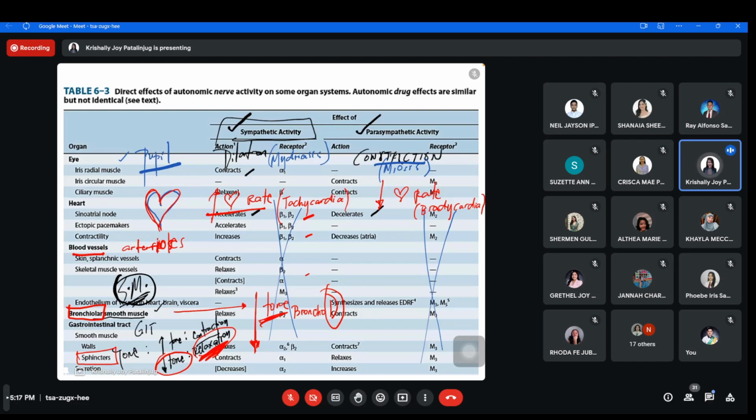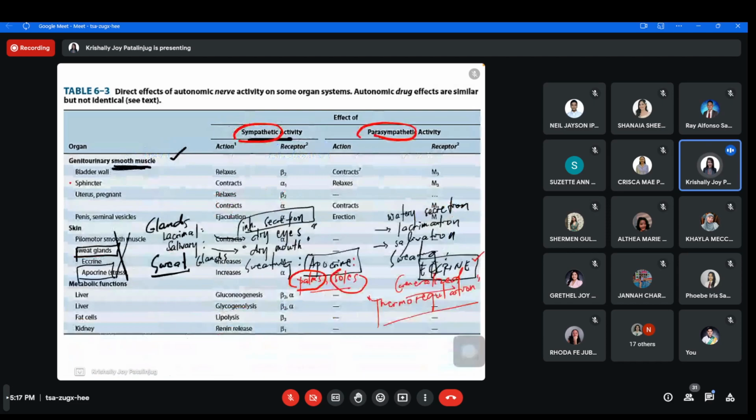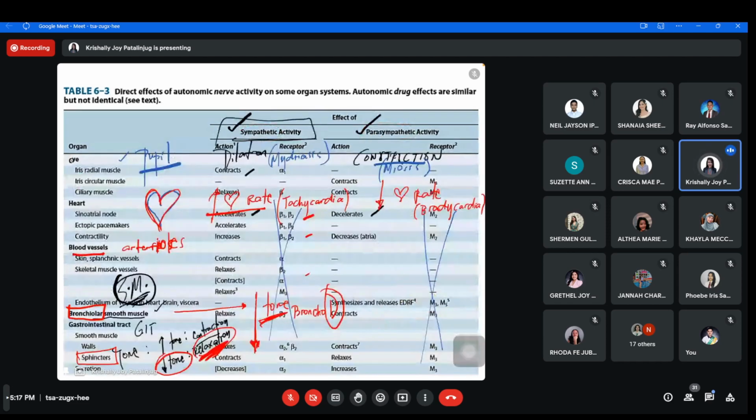The sphincter is the opening of the muscle so that you can release waste from the GIT, or from the urinary bladder. That's the sphincter, the hole, the opening. Now, when the GIT is relaxed, the sphincter is closed, because the GIT is relaxed. It has nothing to release.